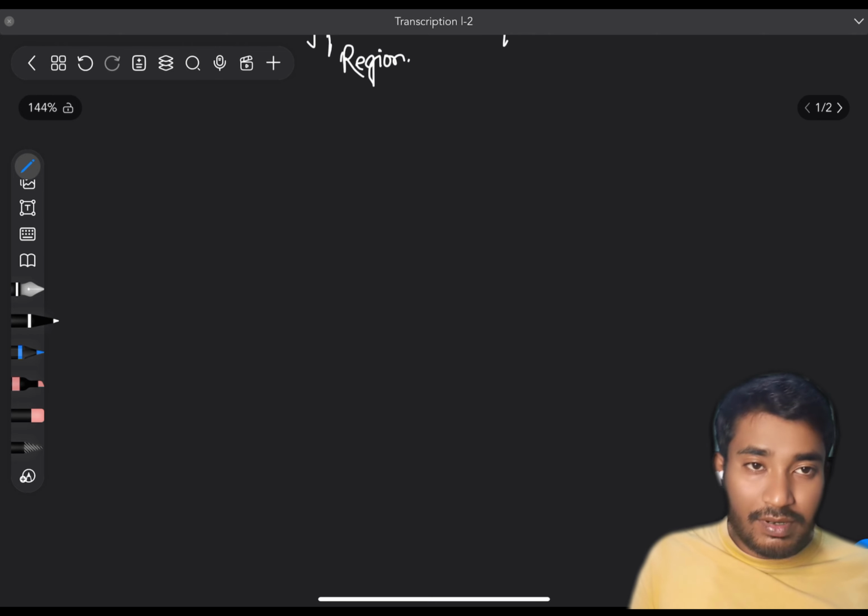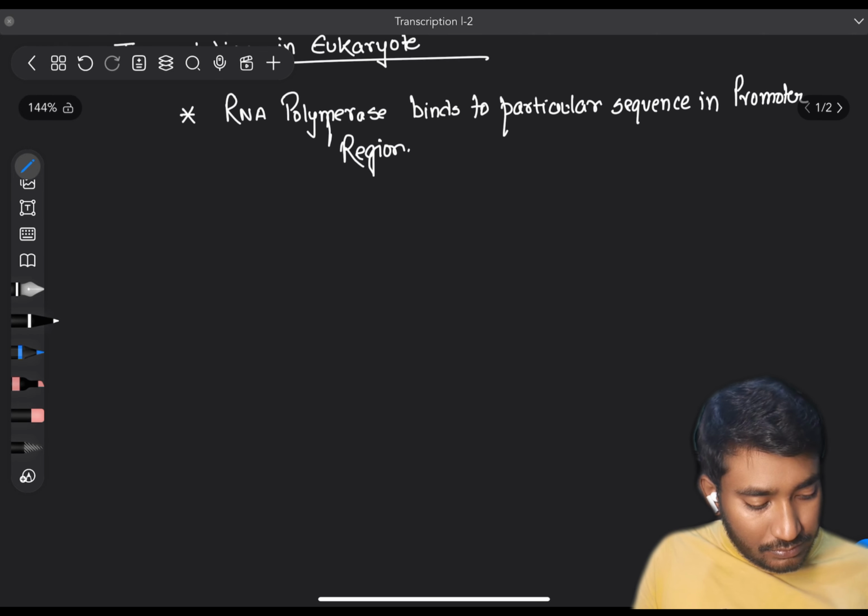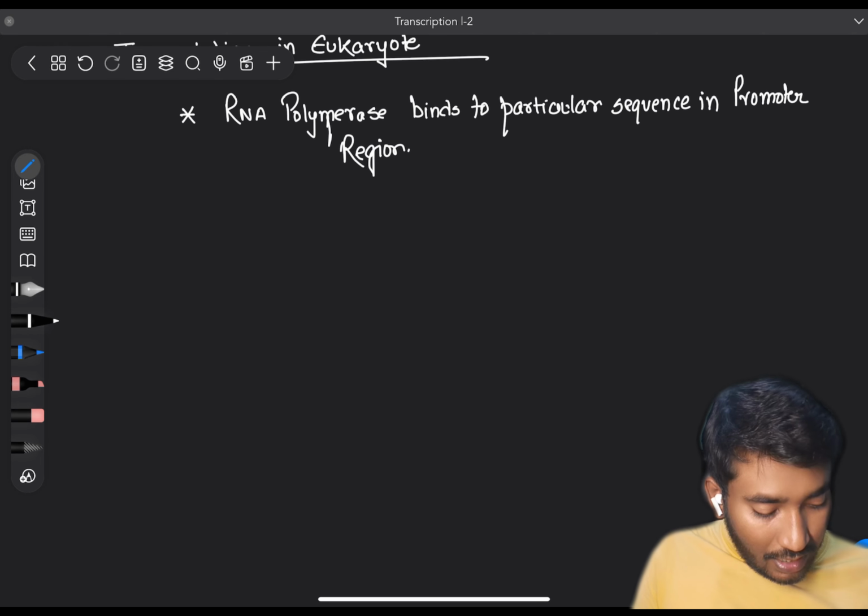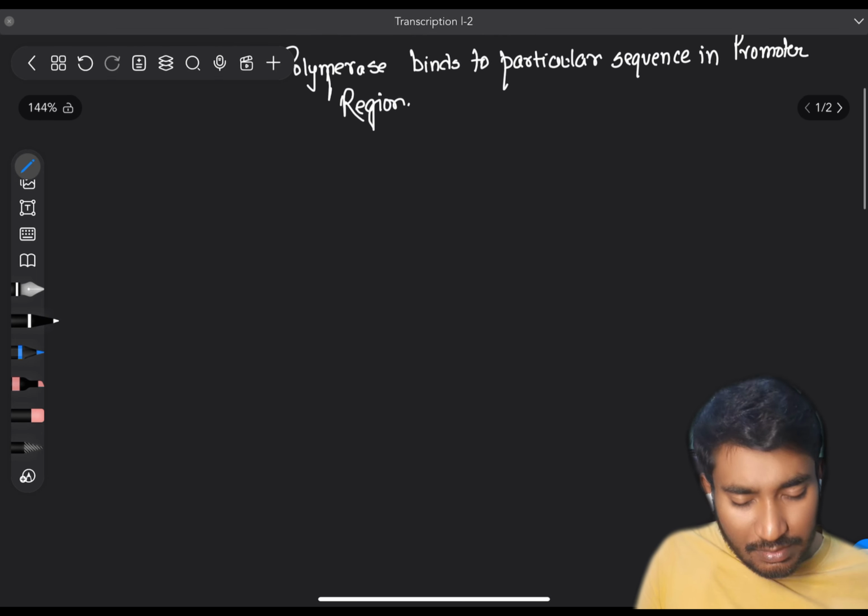RNA polymerase binds to the particular sequence in the promoter region.